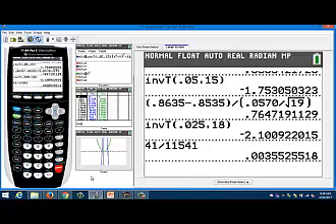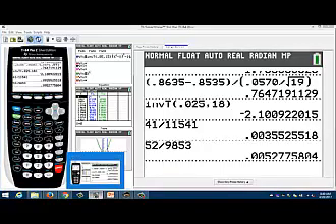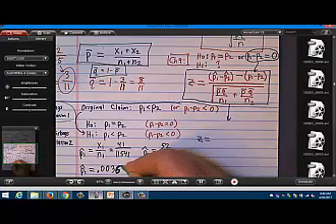Well, I'm claiming the airbags are safer, so P2 hat would be 52 out of 9853. Yeah, it's a little bigger, huh? 0.0053. If I'm going to round, I should really say 0.0036 for P1 hat. Let's be consistent here.